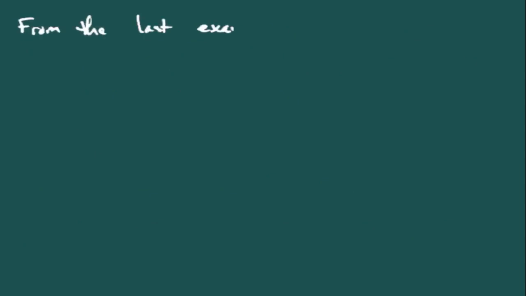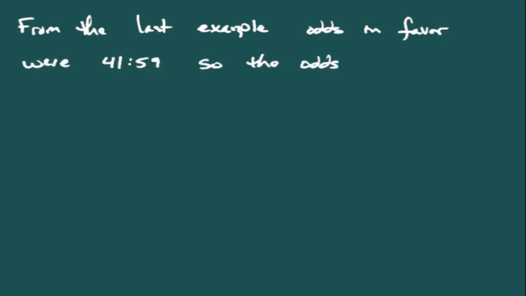So from that last example, when we had the odds in favor being 41 to 59, if we were actually giving those odds, we would probably give the odds against, because the number of ways that it can't happen is larger. And so we would probably give the odds against as being 59 to 41.